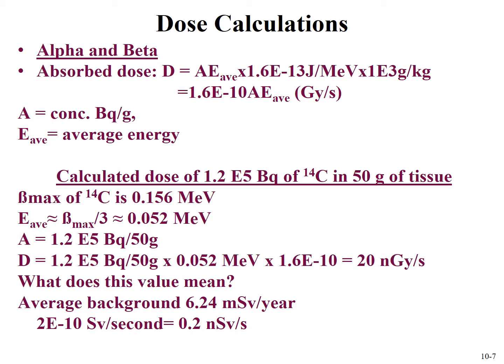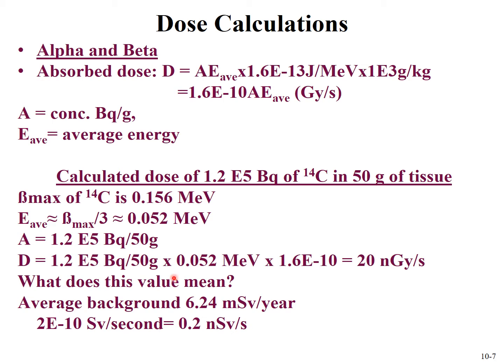Plugging these values into the equation, A is equal to the activity divided by 50 grams. We have our average energy listed here. Plug this into the equation. We get a value of 20 nanogray per second. Doesn't sound like a lot. The question is, how can we compare what this value is so we get an idea of whether or not that's actually a high or low dose?